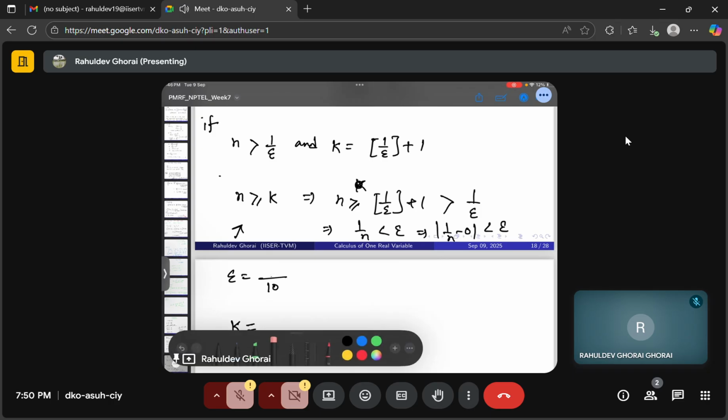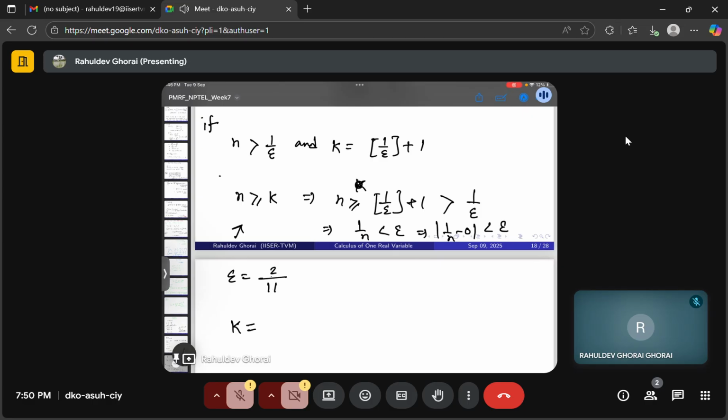Okay, something like 2 by 11. Yeah, let's say 2 by 11, a smaller number, and if the 1 by n sequence is converging to 0, for this epsilon you will find a k, after which it will be closer to that.